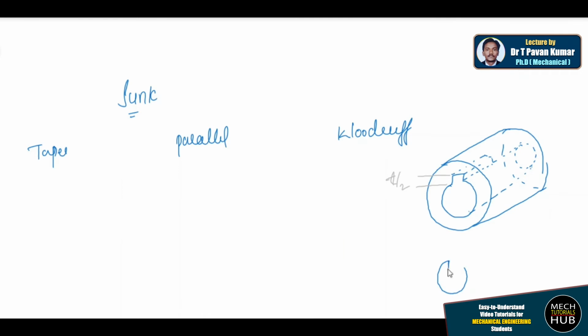So here there is again a keyway provided of the same length. This is a shaft which is going to sit in the hub portion. A groove is drilled here, which is again of T by 2 thickness. So half of the key is taken by the hub, half by the shaft. This is what happens in case of a sunk key.